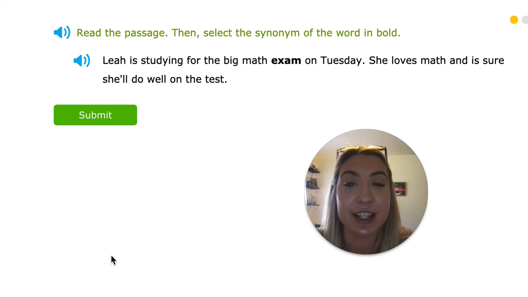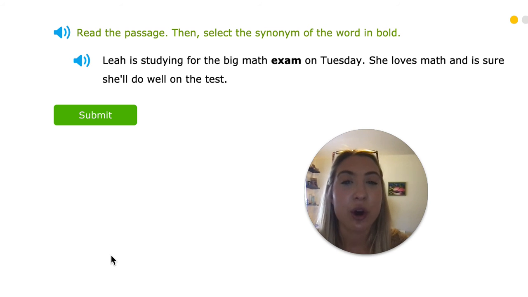Read the passage, then select the synonym of the word in bold. Leah is studying for the big math exam on Tuesday. So we're looking for a word that is a synonym to exam. She loves math and is sure she'll do well on the test. If I look at the first sentence, I know she's studying for an exam, so it's something she's taking.